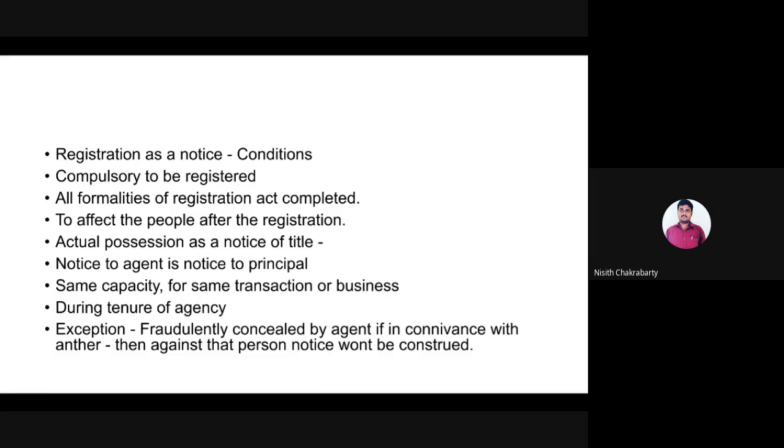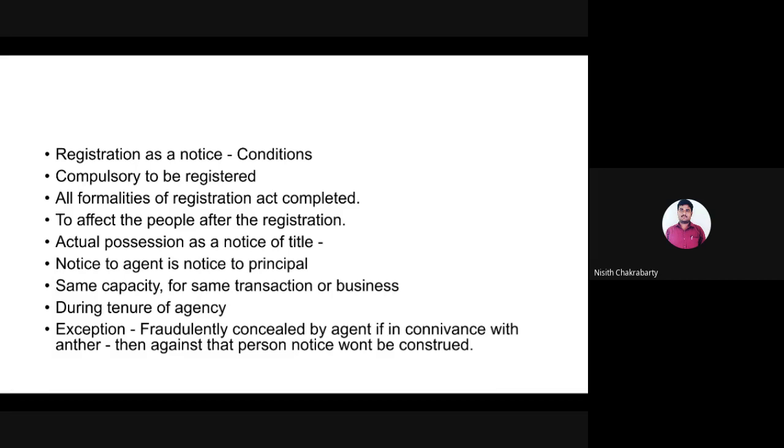They will not be bound by such registration and will not be taken as if they have a notice of it. But people who come after the registration will be bound as if they have the notice of such registration. That registration will be a notice when the document is compulsorily registered and all formalities required by the registration act are fulfilled.